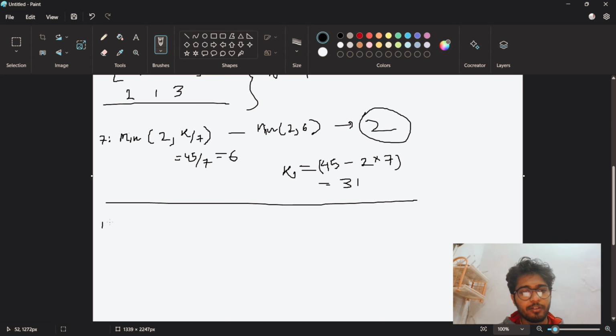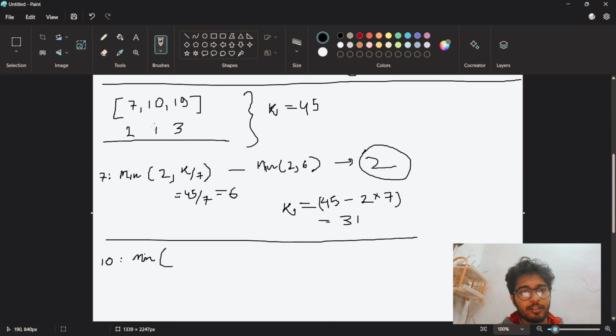Now coming to the part when the price of each stock was 10 rupees, we will again take the minimum between the number of stocks that are available and the maximum number of stocks that can be bought with our available balance, that is 31 by 10.